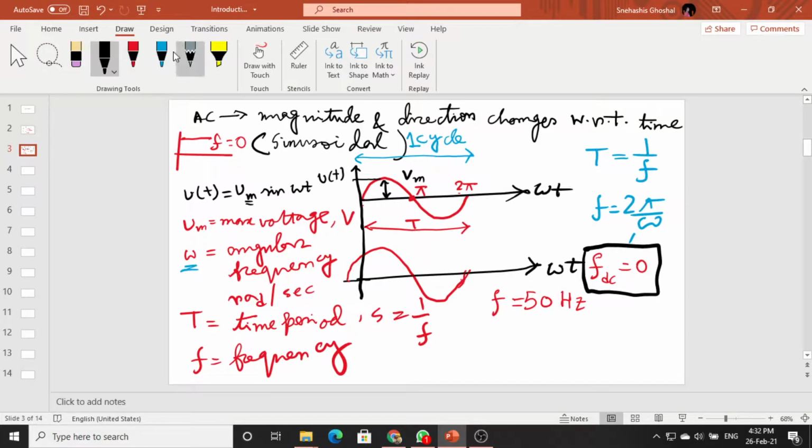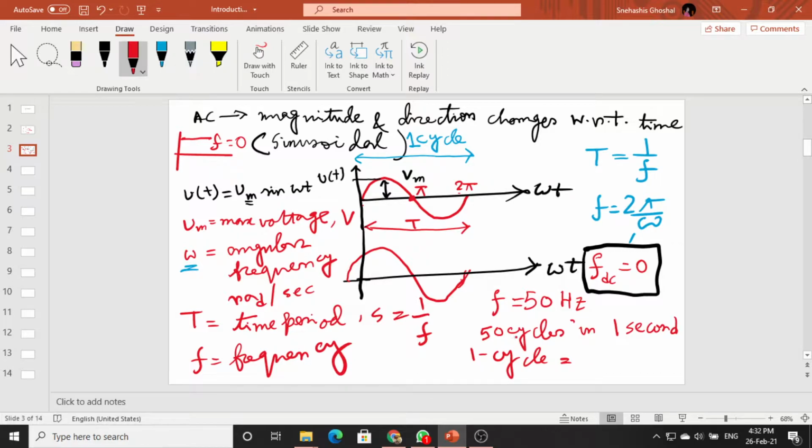Okay. So coming back to the discussion, what do we mean by a 50 hertz signal? It means 50 cycles in 1 second. 50 such complete cycles will be observed in 1 second. So what is the time for 1 cycle?